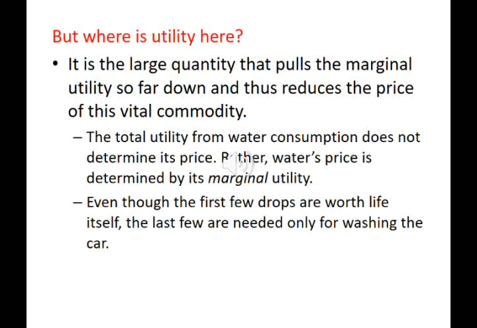Since water is abundant, which means that it exists in very large amounts, the marginal utility we will be getting from the last glass of water that we drink or the last drop of water will be very low because of its abundance. So it is actually the large quantity of water that pulls the marginal utility so far down and thus reduces the price of this vital and extremely important commodity.